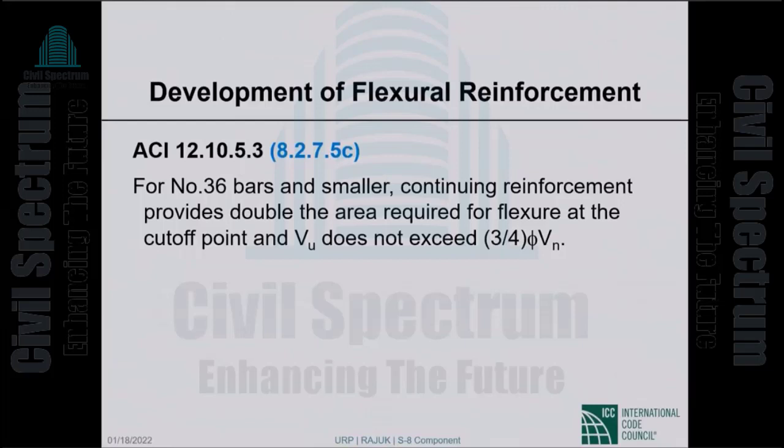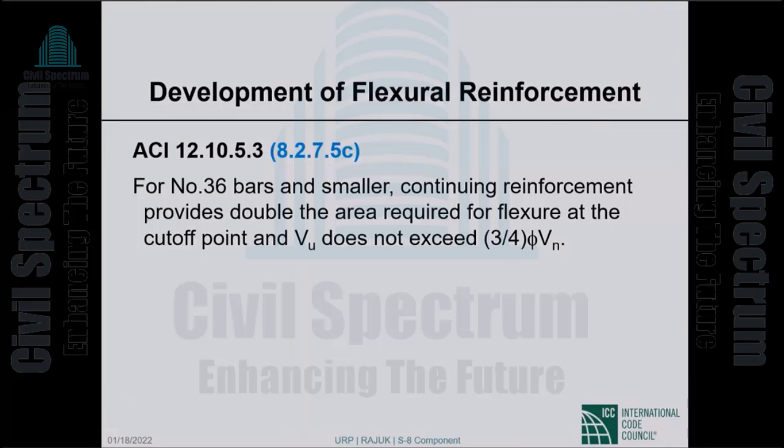The third one also is more complicated than the first one. For number 36 bars and smaller, continuing reinforcement provides double the area required for flexure at the cutoff point, and V sub u does not exceed, now it is 3/4 rather than 2/3, phi times V sub n. So the first one was V sub u shall not exceed 2/3 phi V sub n, pretty simple, straightforward.